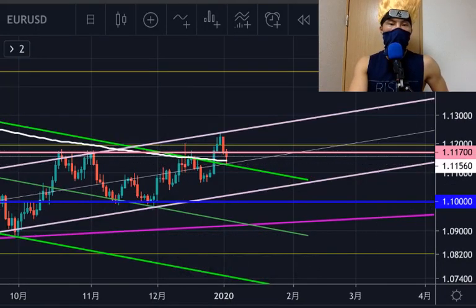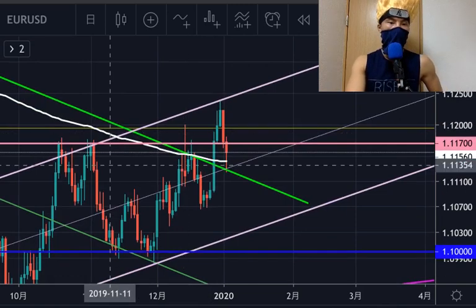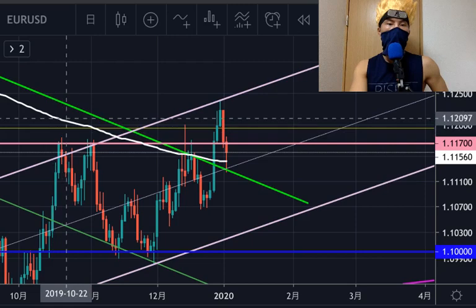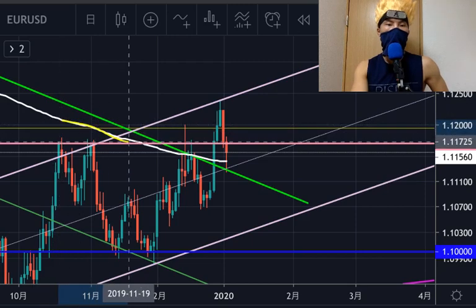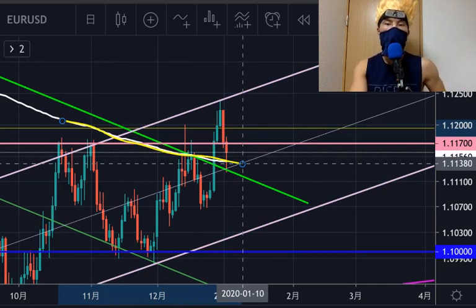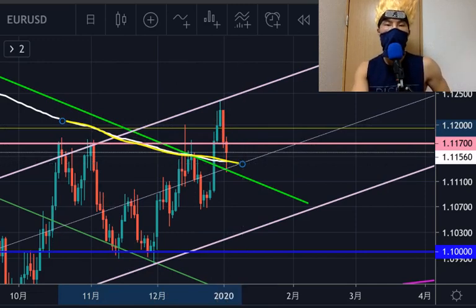Now next, let me show you the daily chart. Here's the daily chart, and in the daily chart, this moving average is the 200 SMA. I use only the 200 SMA for the moving average. Other moving averages, I don't believe in.